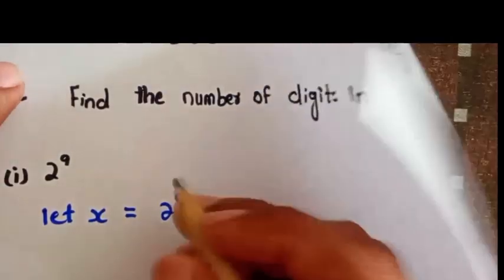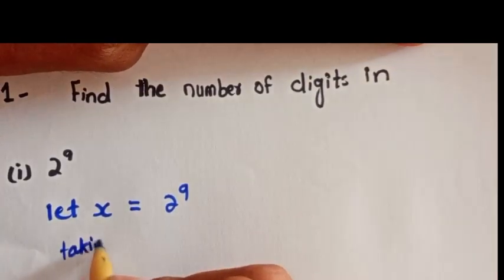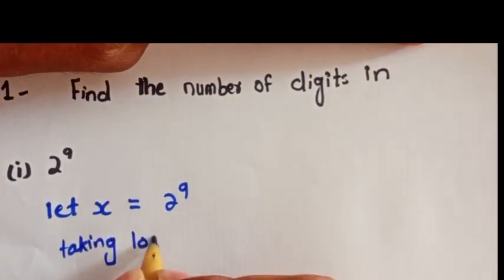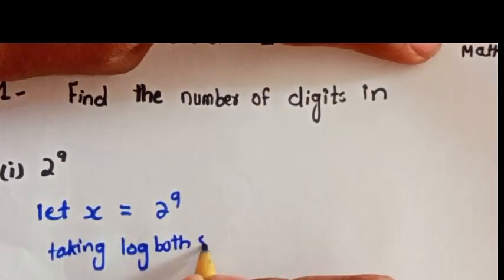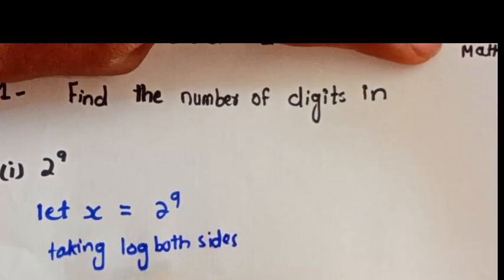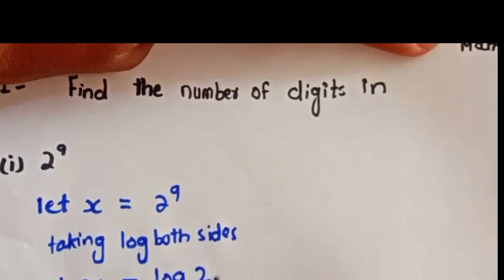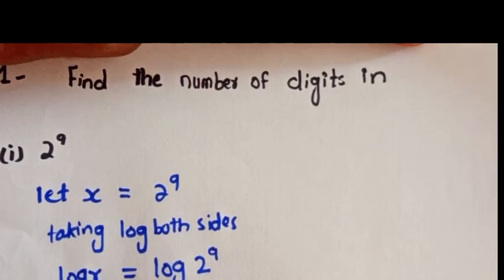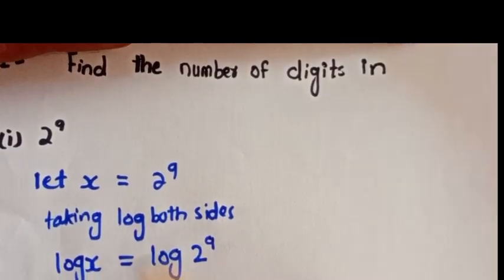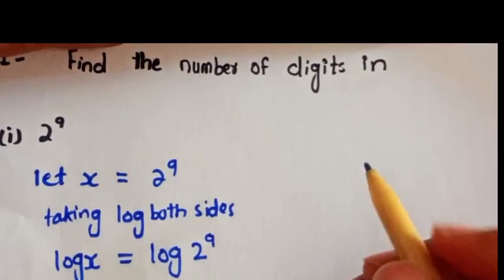Now I will take log both sides. Log x is equal to log 2 power 9. Now see here, it is an exponential form, so I will use which formula?